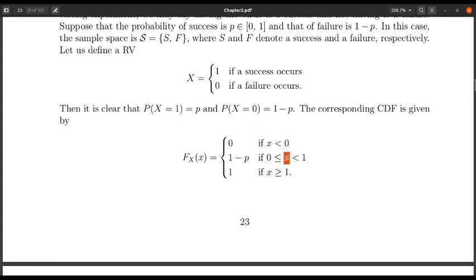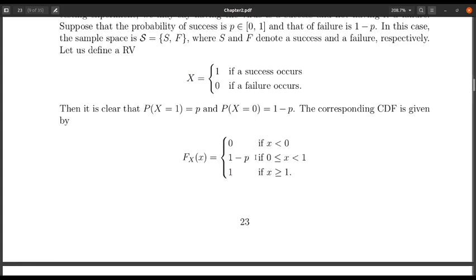If small x lies between 0 and 1, 0 inclusive, 1 exclusive, then the probability is 1 minus p, because in this case the only possibility is that a failure occurs. When x is greater than or equal to 1, both possibilities come, X equals 1 and X equals 0, so the sum of the probabilities turns out to be 1. Okay, so this is the distribution function corresponding to the random variable X.